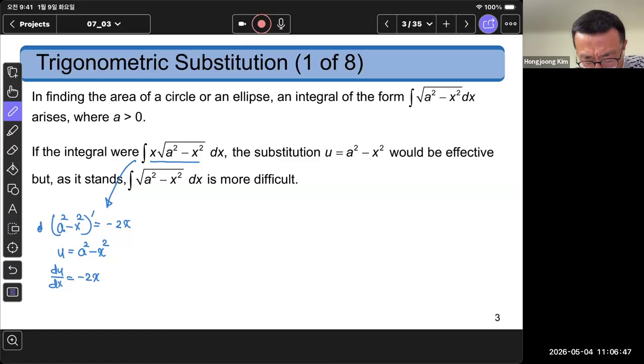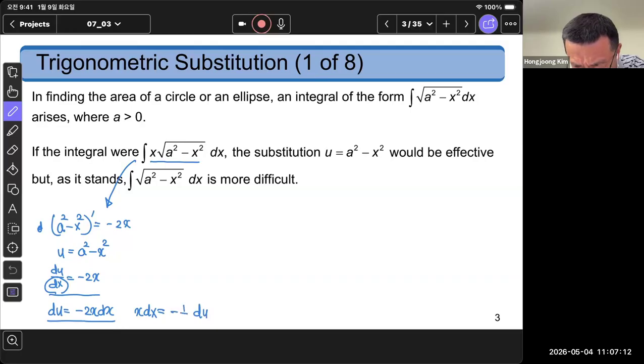Once I have this, please move this dx in the denominator to the other side. Then du will be negative 2x dx. So from this, x dx can be obtained from du by multiplying by negative 1/2.